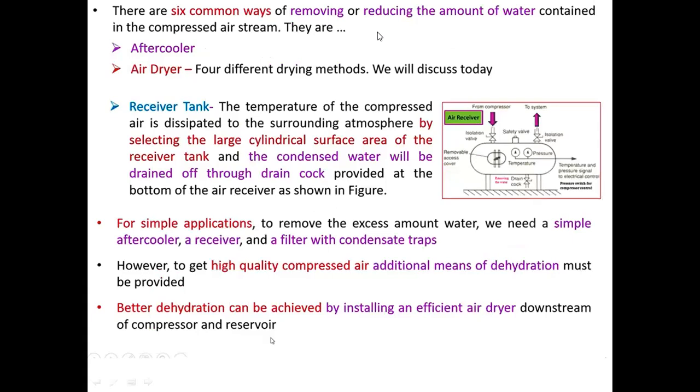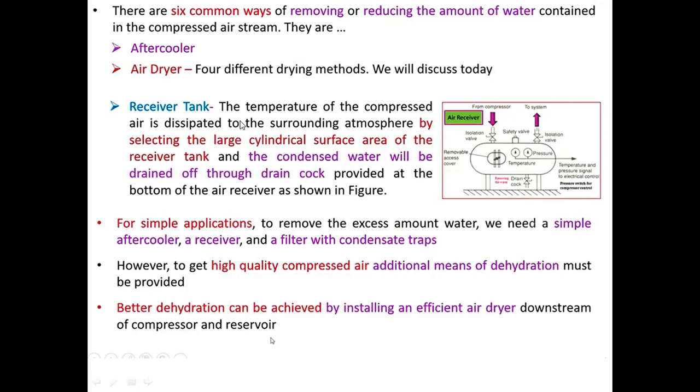There are maximum six ways to remove and reduce the amount of water contained in the compressed air stream. They are the after cooler or air dryer. Four different drying methods we will discuss today.